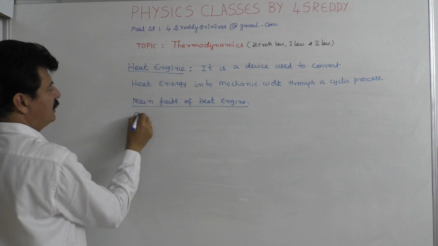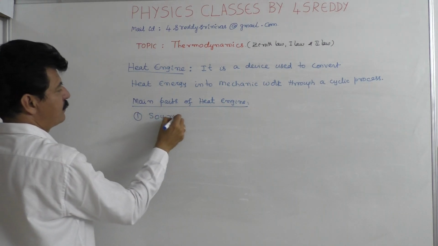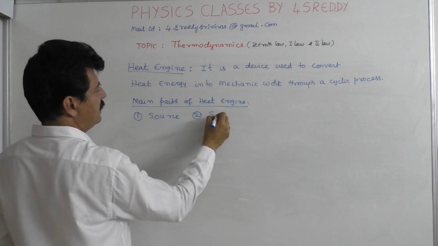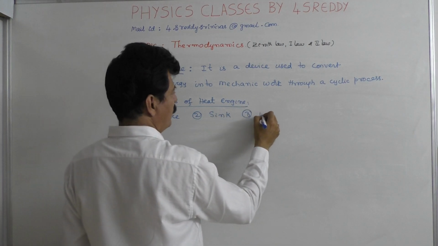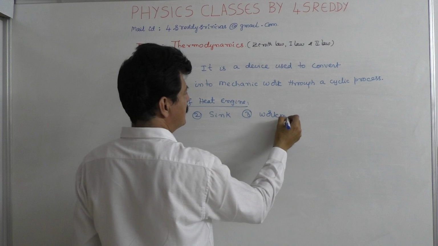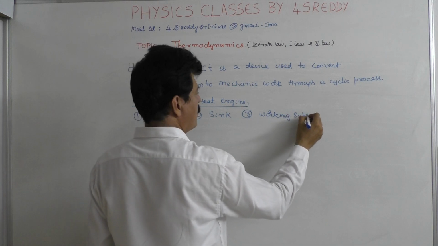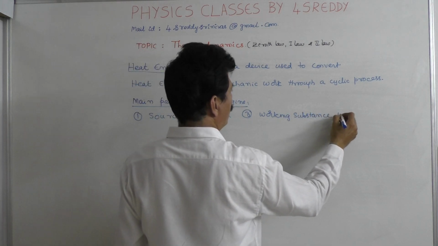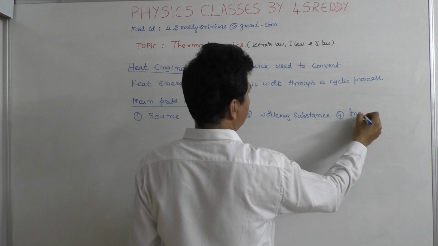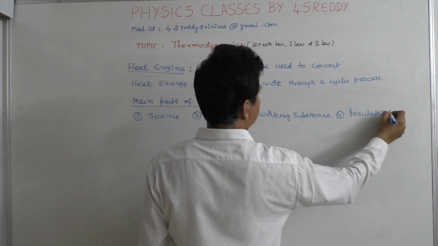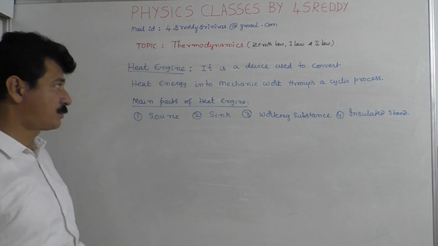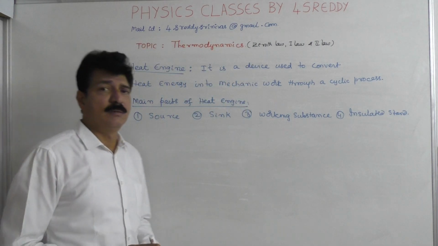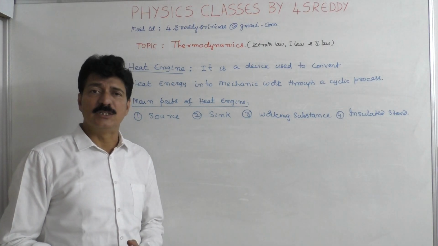The first one is the source, the second one is the sink, the third one is the working substance, and the fourth one is the insulated stand. These are the four main parts of the heat engine.